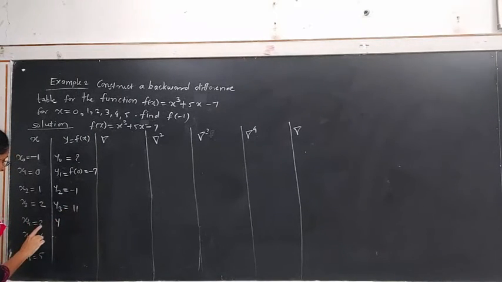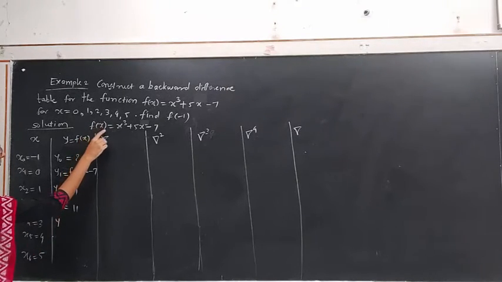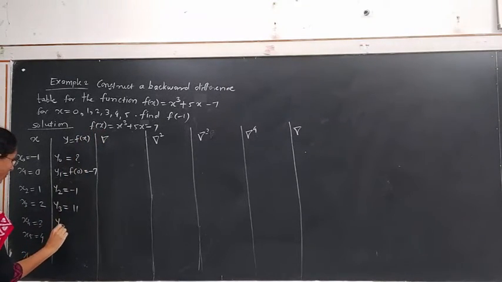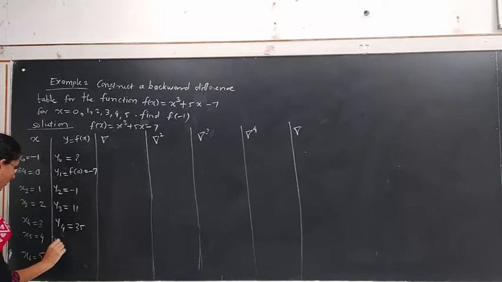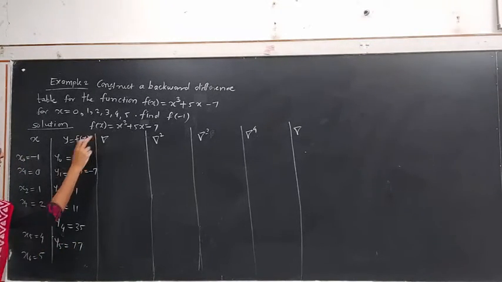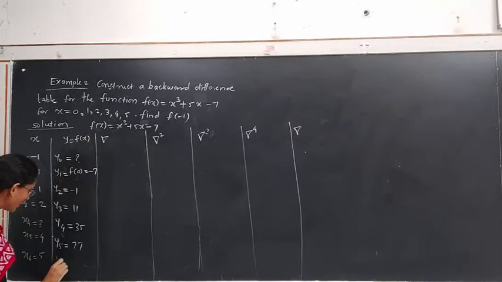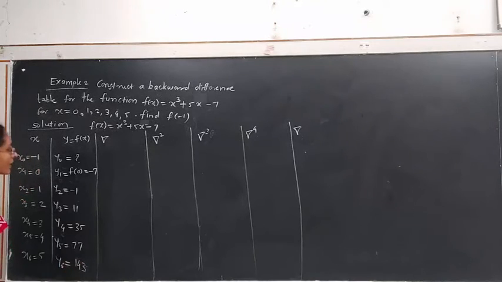For x4 equal to 3, we get f of 3, y4 is equal to 35. For x equal to 4 in this function, we get the value of y5 which is equal to 77. And for x equal to 5, we get f of 5. That value is y6 and f of 5 is 143.